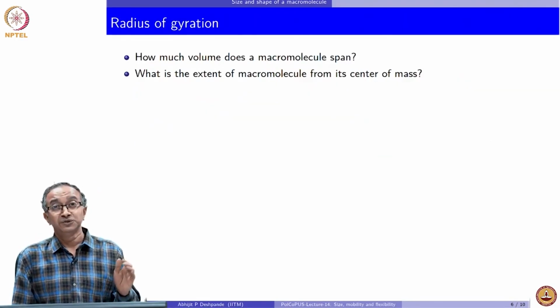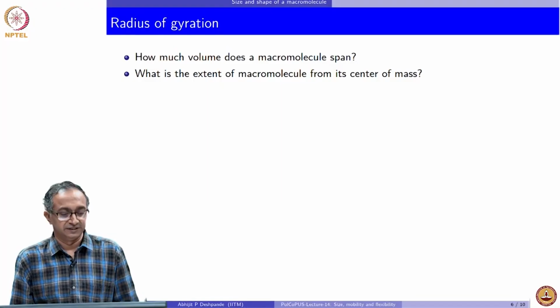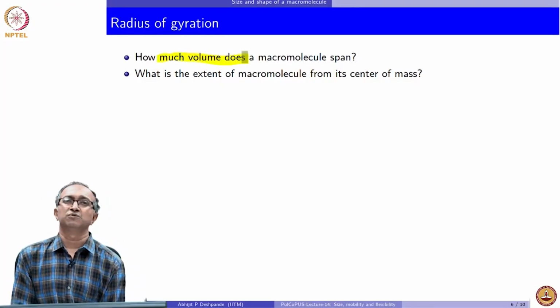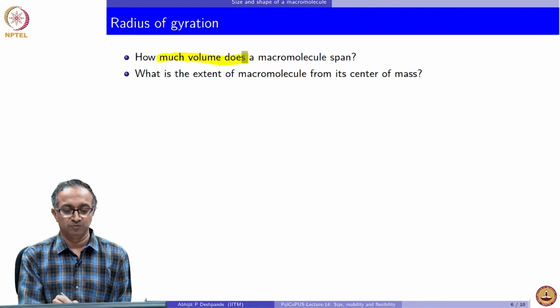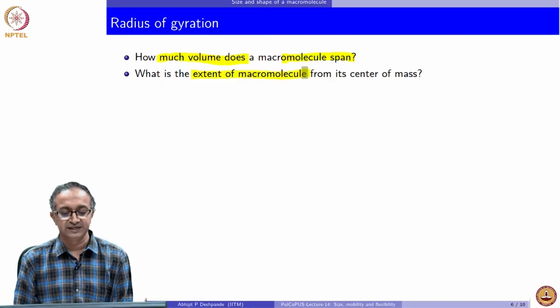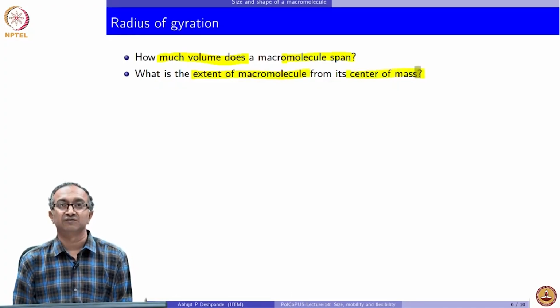So let's continue quantifying the size and shape by looking at now another quantity called radius of gyration. So the general answer that we are seeking is how much volume does a macromolecule span? Or the other way to look at it is what is the extent of the macromolecule from its center of mass?